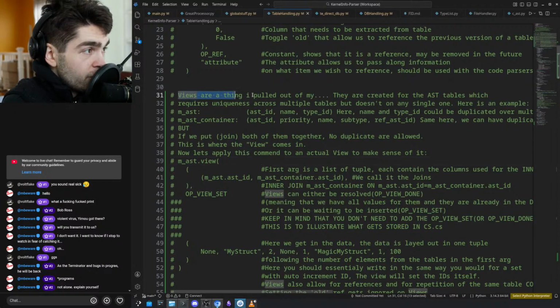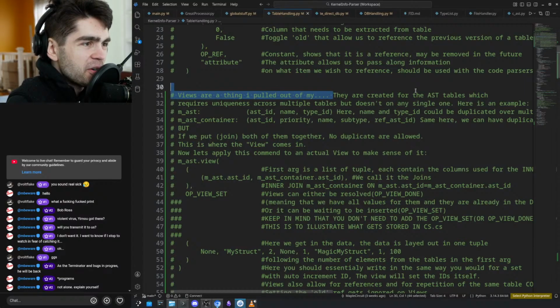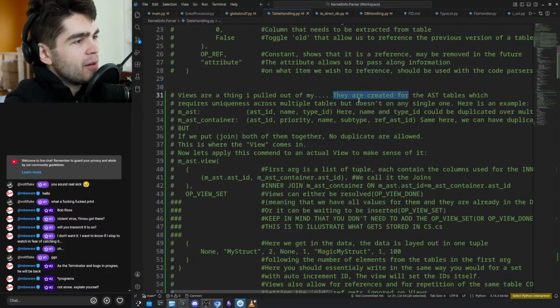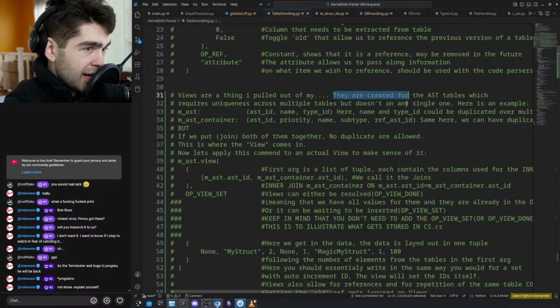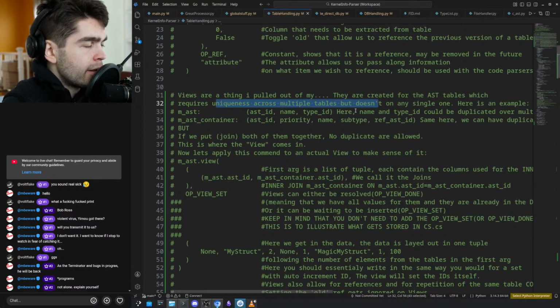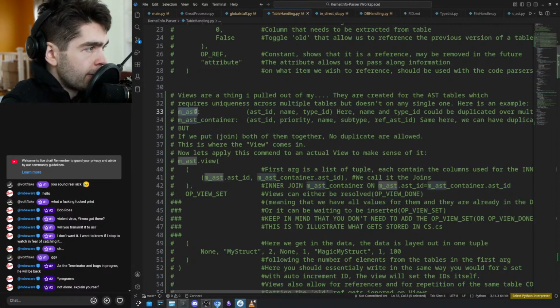Alright. So views are a thing that I pulled out of my ass. They are a good start. They are created for the AST tables, which requires uniqueness across multiple tables, but doesn't on any single one. So let's go on an example here. So we have MAST, right? That's one of our tables.